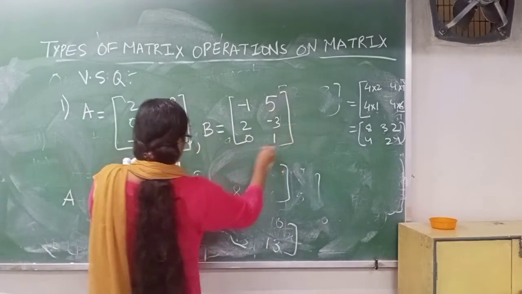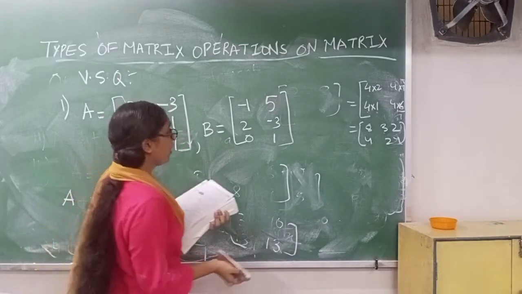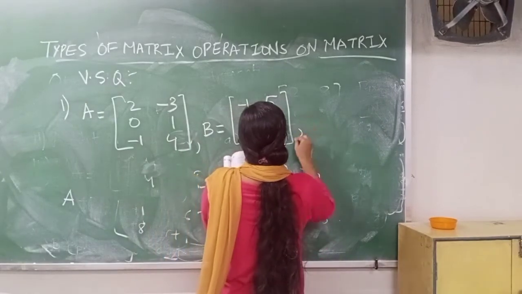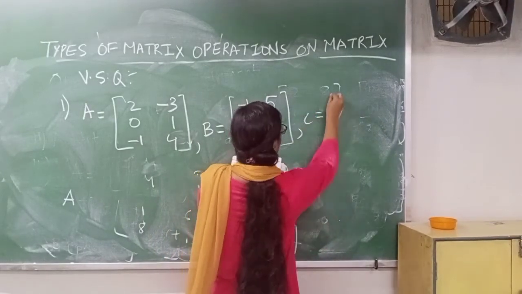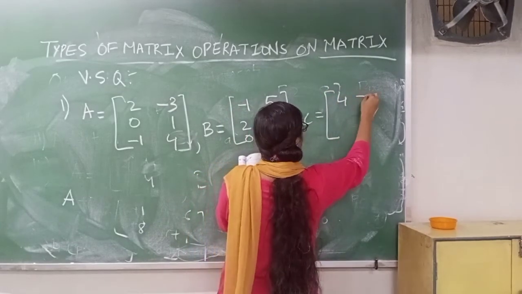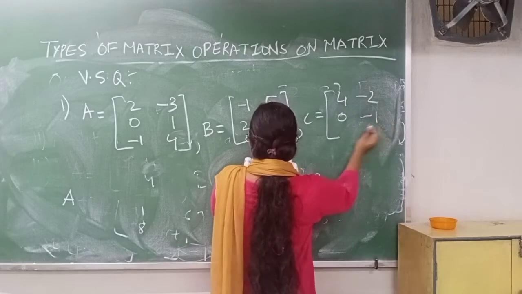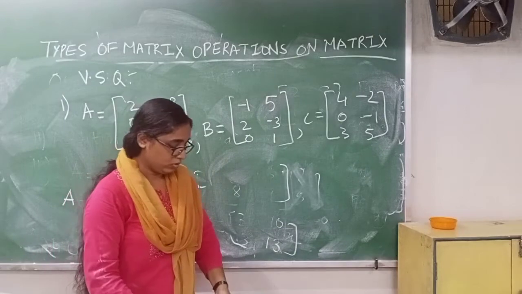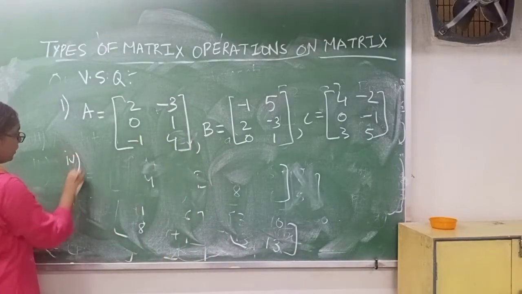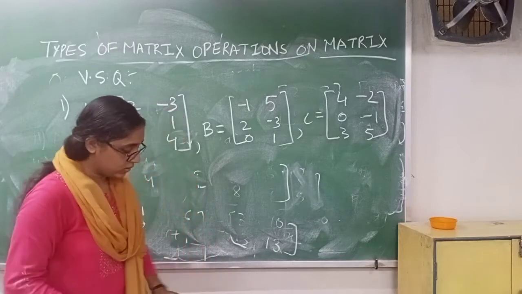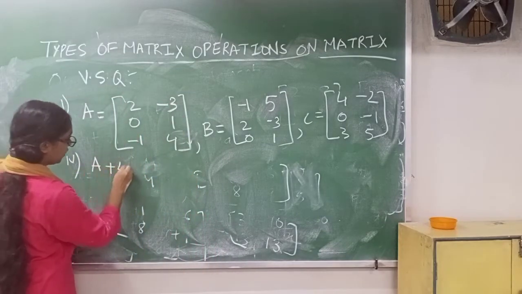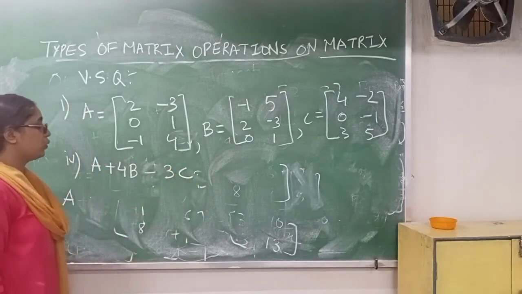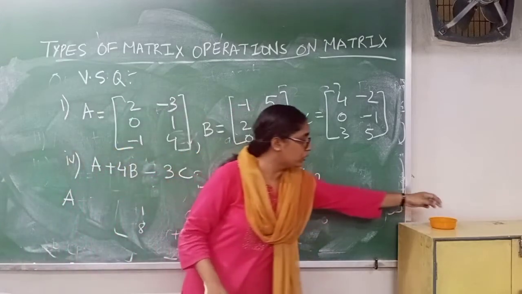And C value is also given. Now in this question they are telling us to find the matrix A plus 4B minus 3C.